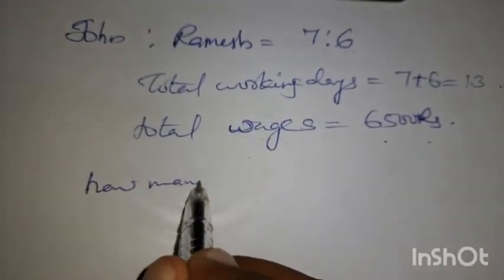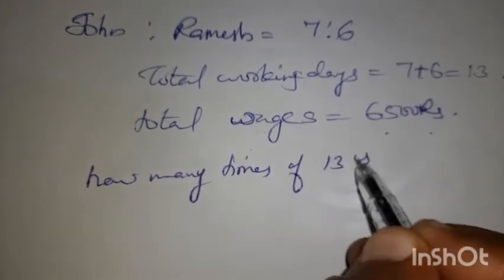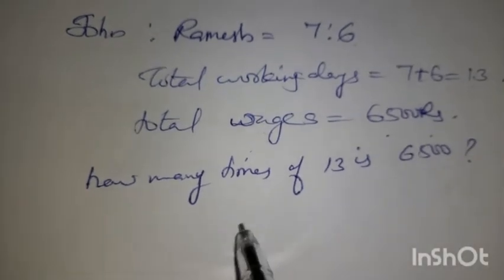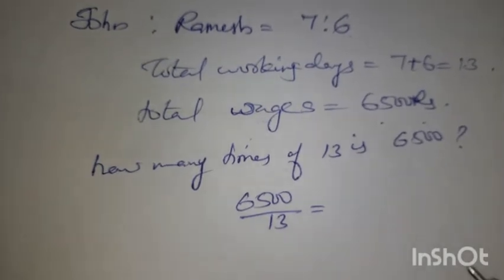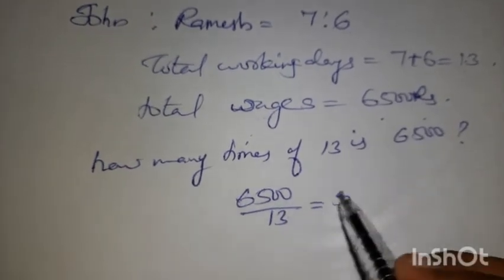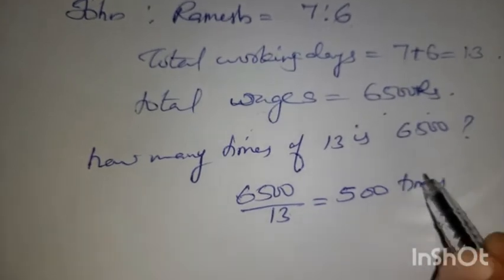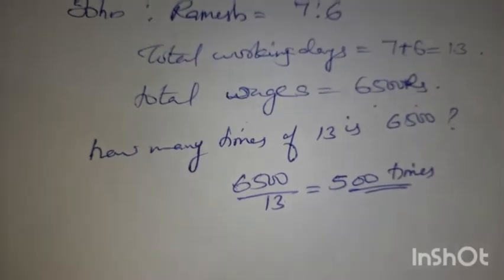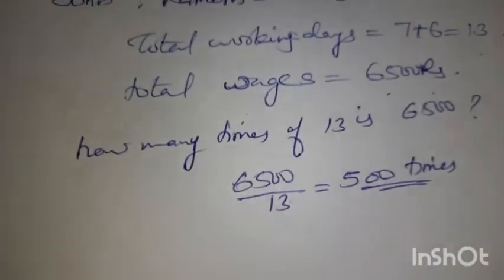How many times of 13 is 6,500? Or you can do it 6,500 by 13. 13 5s are 65. So 500 times. Okay, 500 times is the total wage. Then what about John?